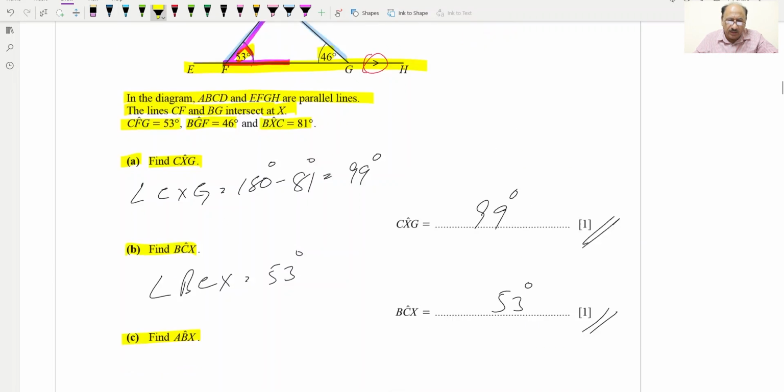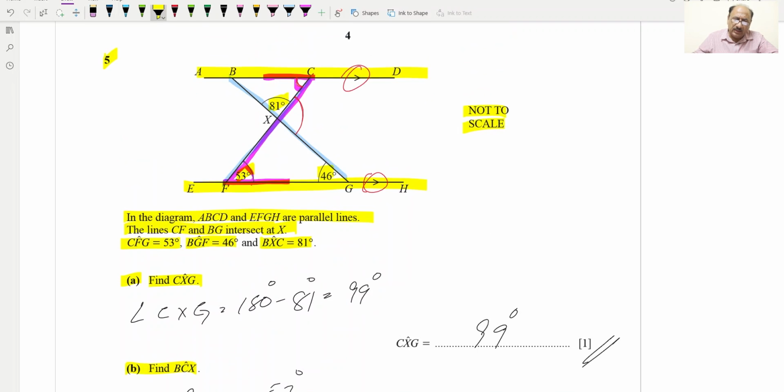Next is ABX. So angle A, B and X. ABX will be this angle, and we can find this angle. BCX we found is 53, so we can find this angle of the triangle, and it will be 180 minus 53 plus 81. 3 plus 1 will be 4, and 8 plus 5 will be 13.